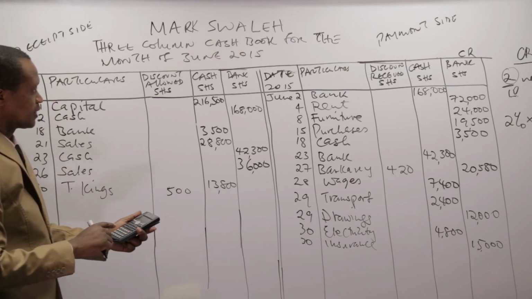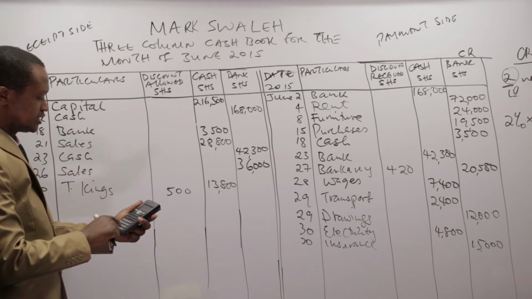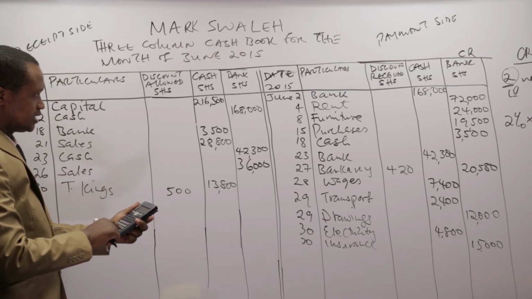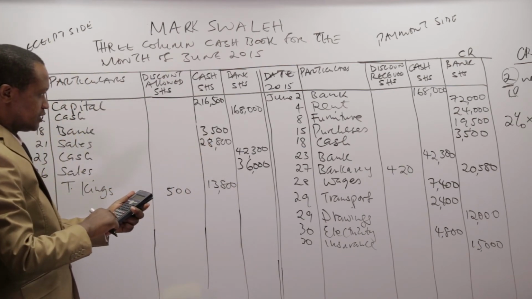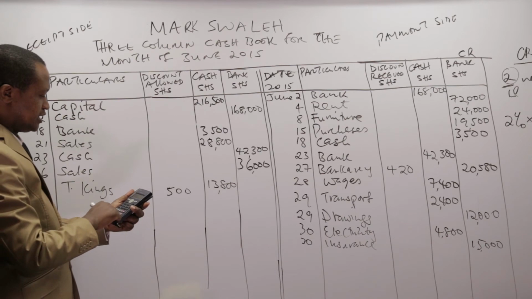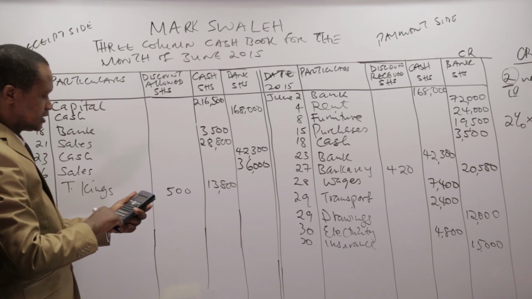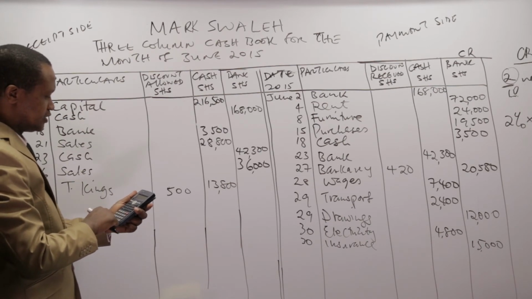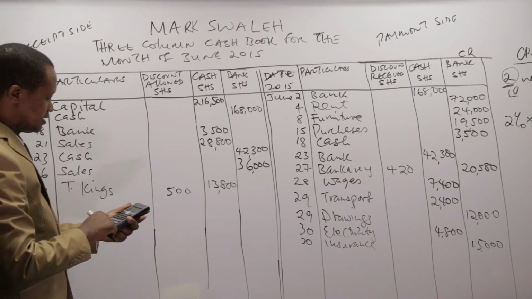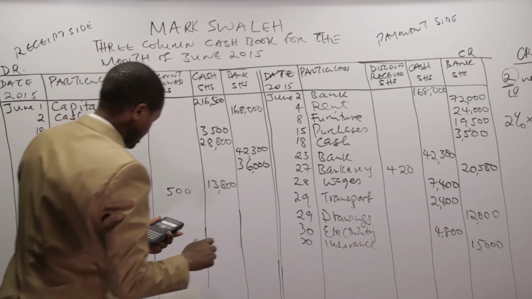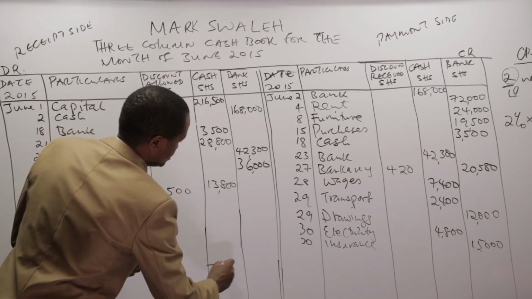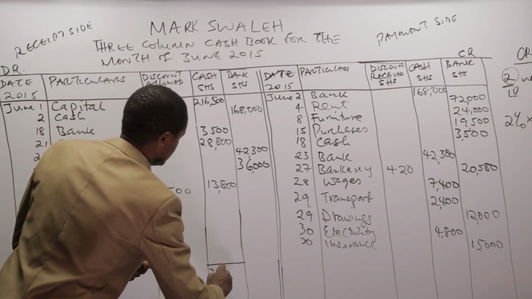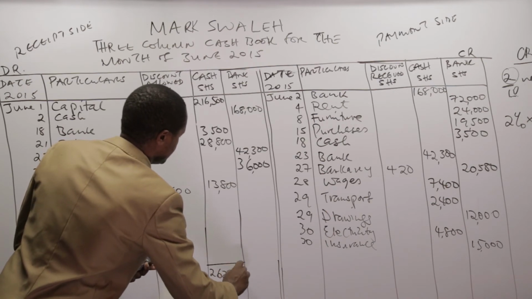The cash column, we can see we have 216,500 plus 3,500 plus 28,800 plus 13,800. So the total here, I'm getting a figure of 262,600.